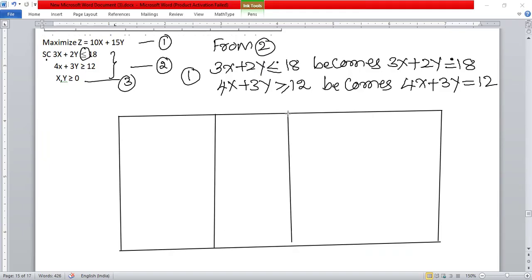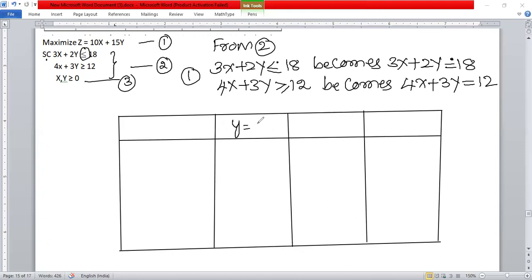Put y is equal to 0, put x equal to 0, and finally we'll get the axis points. So this is y is equal to 0, x is equal to 0, and x comma y. That means the first one: 3x plus 2y is equal to 18.